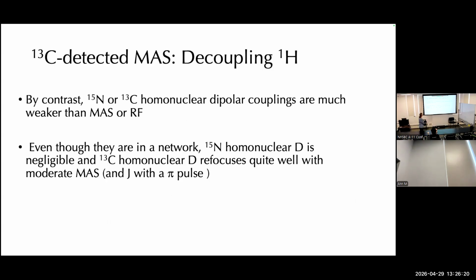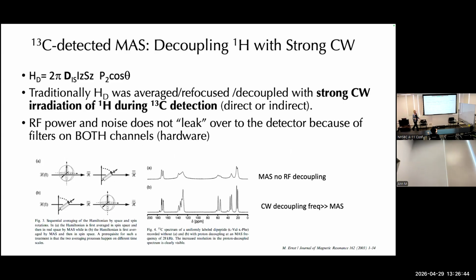They might be in a network also, but it's just that much weaker because of the gyromagnetic ratio and the typical distances and the topologies. So just the MAS that we're capable of doing with a little high pulse is more than enough. So it's a unique problem to the protons. If you had a little network of fluorine, but we don't. We don't have these perfluorinated things very often in our samples.